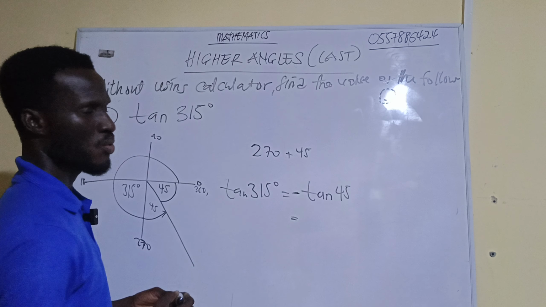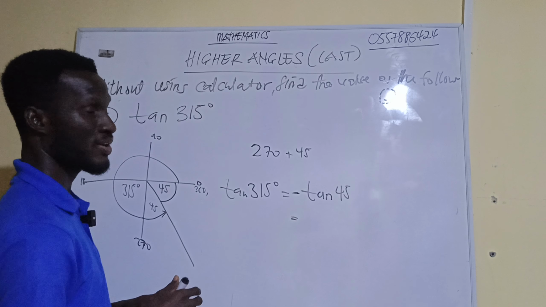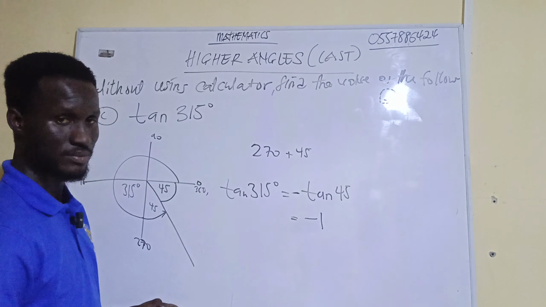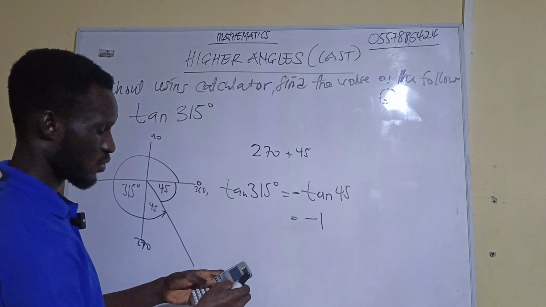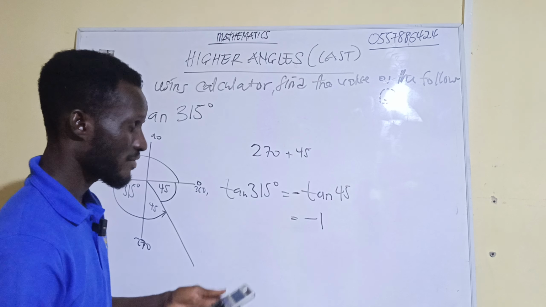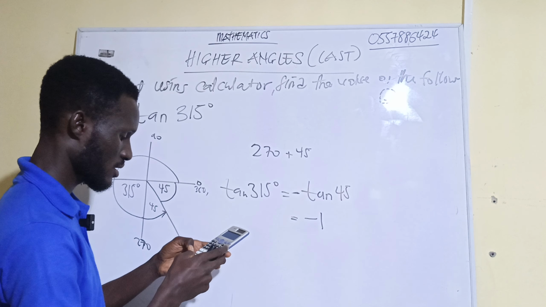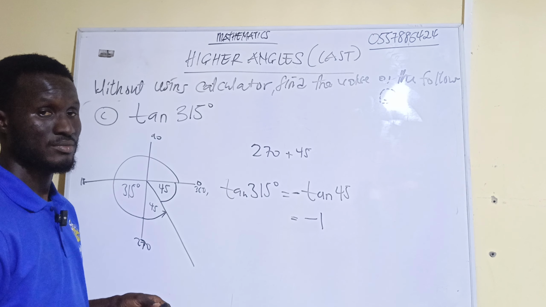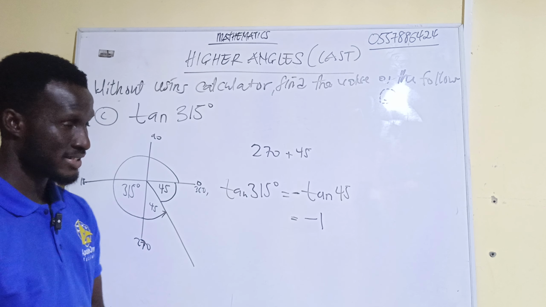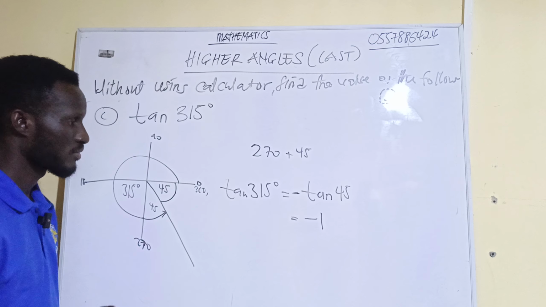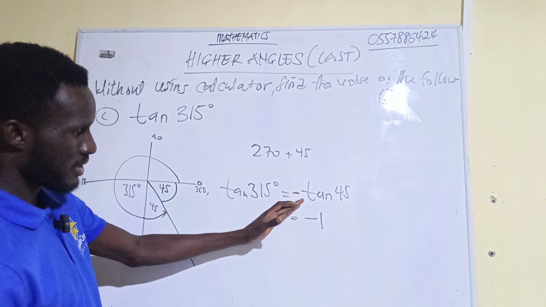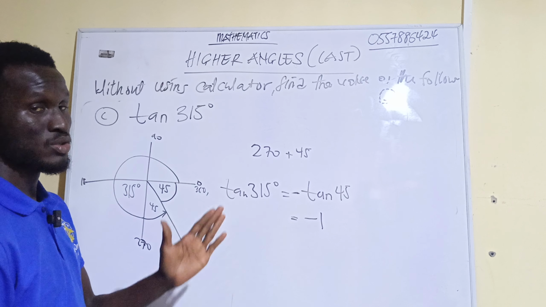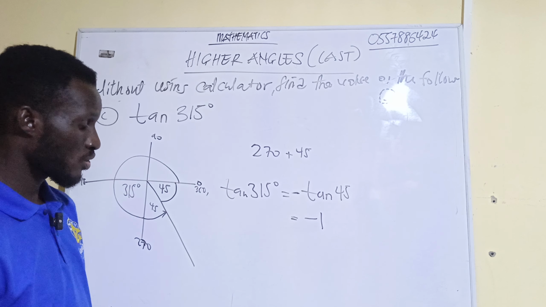Tan 45 is 1, so the answer will give us negative 1. Tan 45 is 1 because 45 is a special acute angle. So we reduce this one to this one. When they give you a question, you're supposed to make sure that you break it down to a special angle.